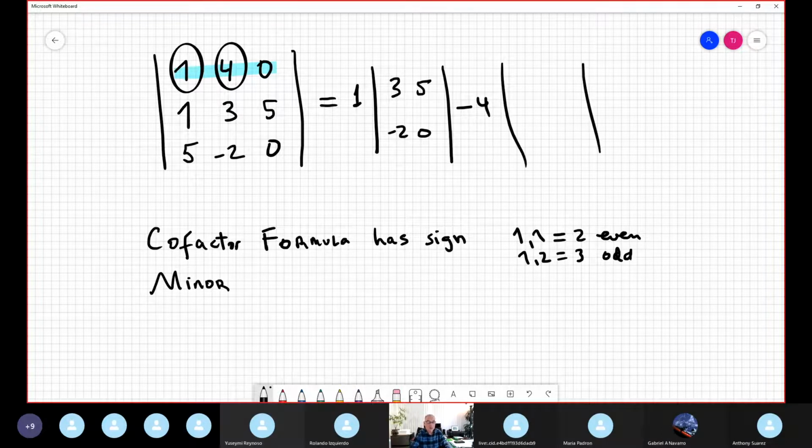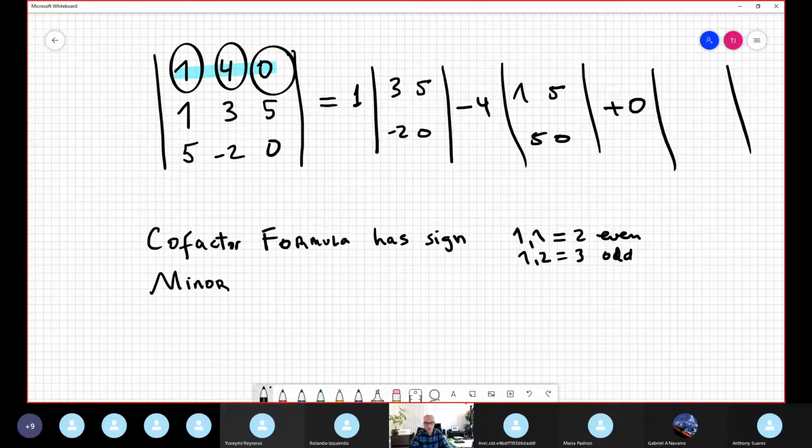Now, delete this row and this column, and what stays alive is 1, 5, 5, 0, no? So 1, 5, 5, 0. Finally, it is 0. So if it is 0, it is nothing.